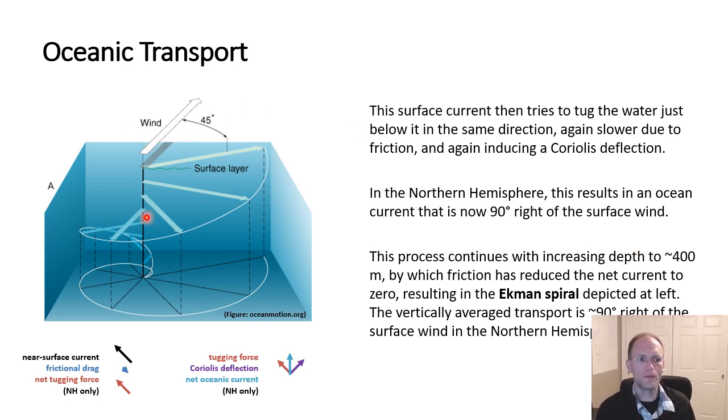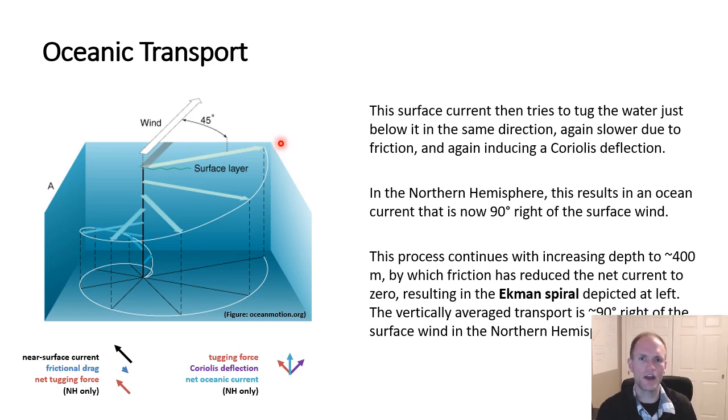So here, if we come to this diagram at left, we can start with this surface wind here that is depicted by the white arrow. So we can assume that to the west is into this figure, and to the east is out of this figure towards us. So this first yellow vector here is 45 degrees to the right of that.